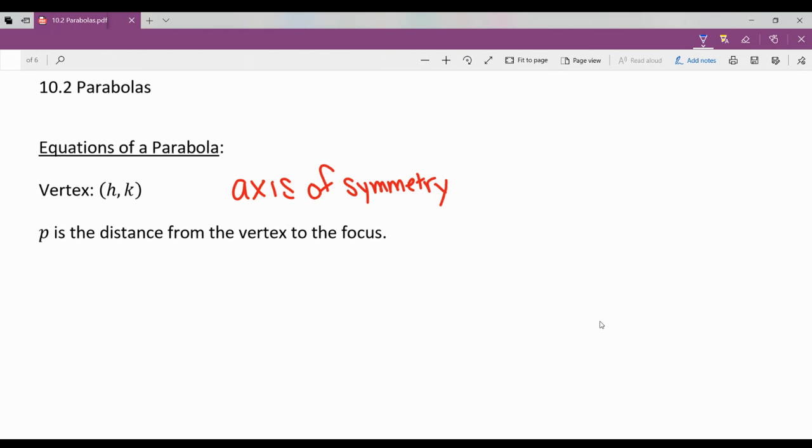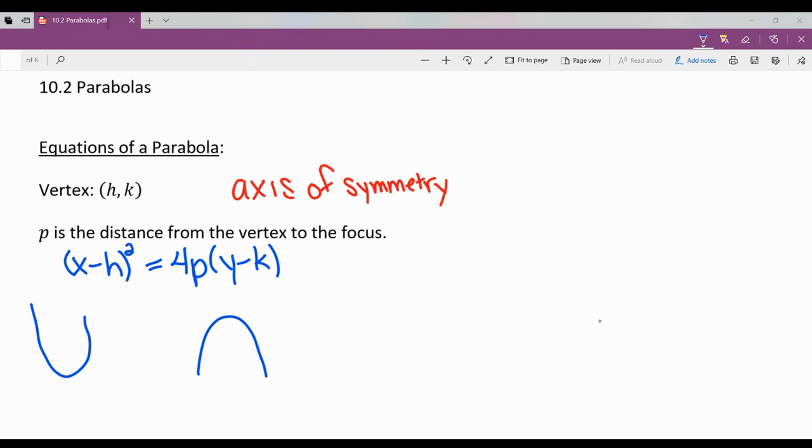So the first equation is (x − h)² = 4p(y − k). All right, and this equation is for parabolas that are either opening up or opening down, where we have our vertex (h, k).